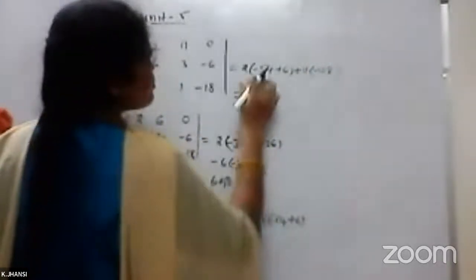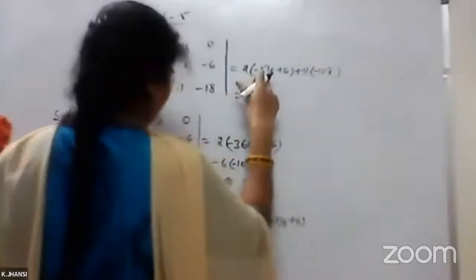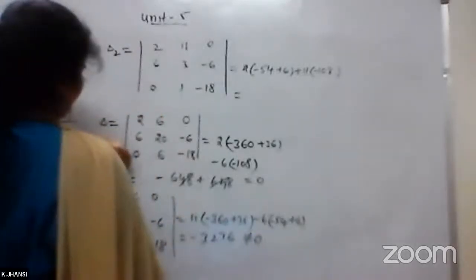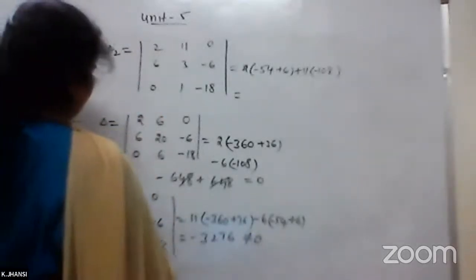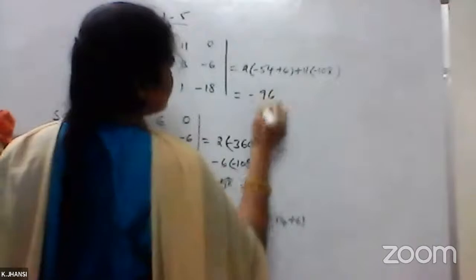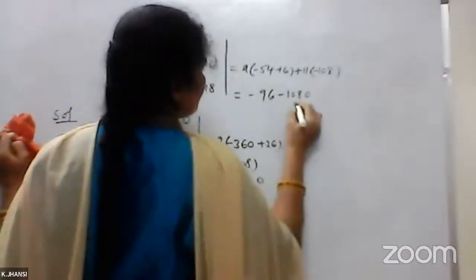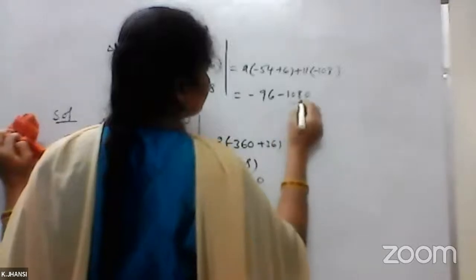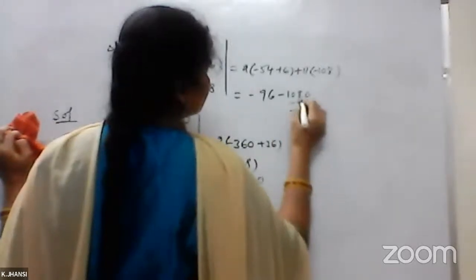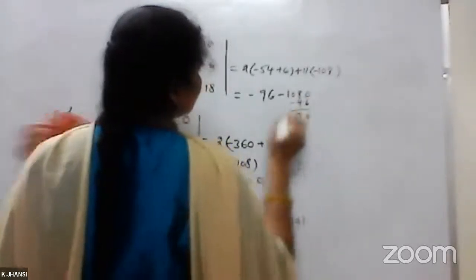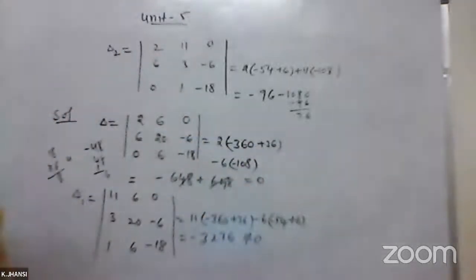It equals minus 48. Minus 48 times 2 means minus 96. This is 1080. So if you add 96, that gives 1176.